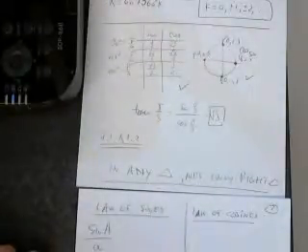Here's the first one. Sine of angle A divided by the side opposite to it must equal, what do you think? Your wild guess. Opposite.